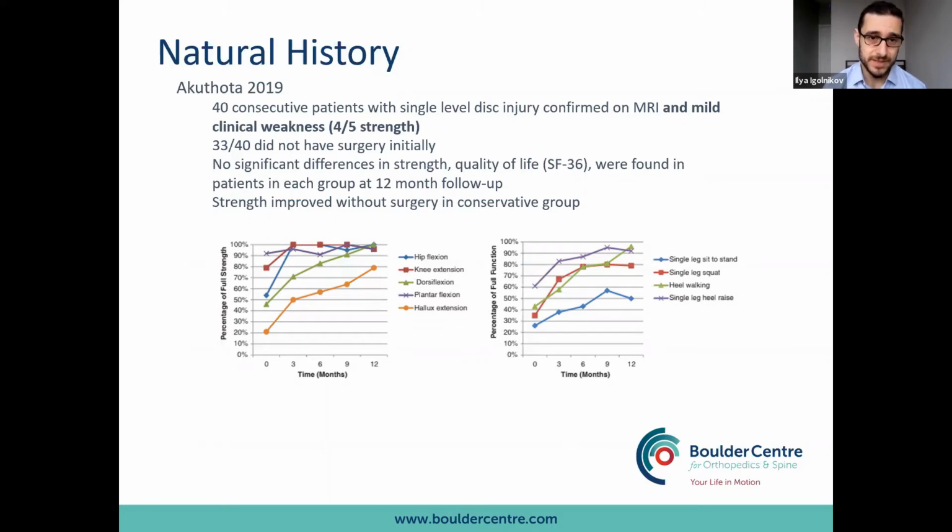In this case, when surgery was offered to these patients, 33 of the 40 didn't have surgery initially, and a lot of them maintained a non-surgical course and got significantly better, 60% of those. You can see that their function and their strength improved significantly over a 12-month period. I think this is really encouraging and reassuring for our patients that you really don't need surgery.